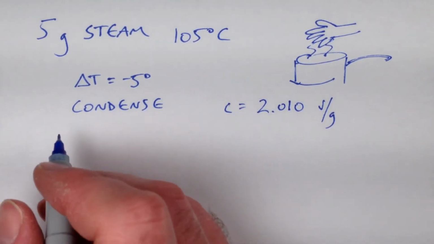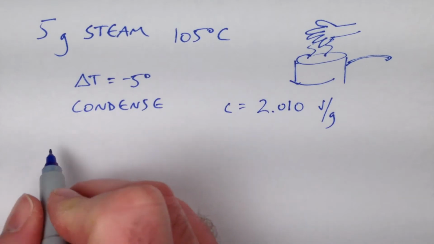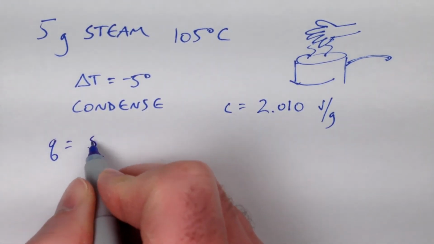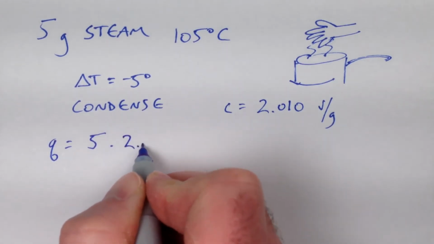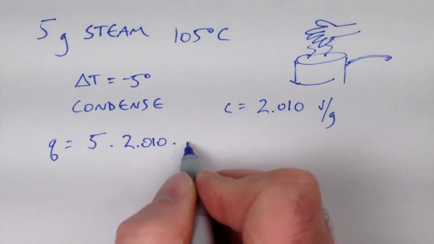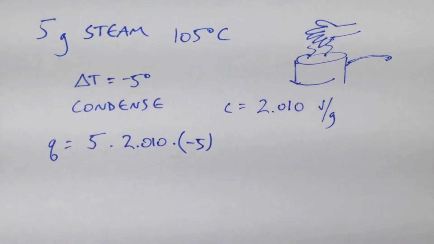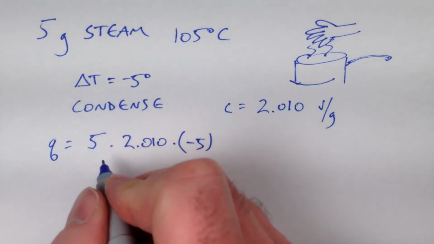So if I am getting a temperature change of 5 degrees, I just have to do Q equals M C delta T. And if you do 5 times 2.010 times 5, you end up with 50.25.